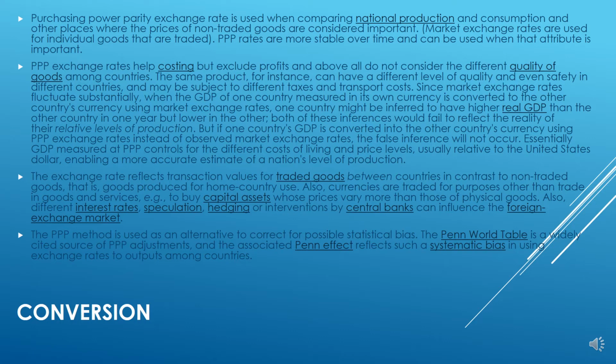The purchasing power parity method is used as an alternative to correct for possible statistical bias. The Penn World Table is a widely cited source of purchasing power parity adjustments, and the associated Penn effect reflects such a systematic bias in using exchange rates to compare outputs among countries.